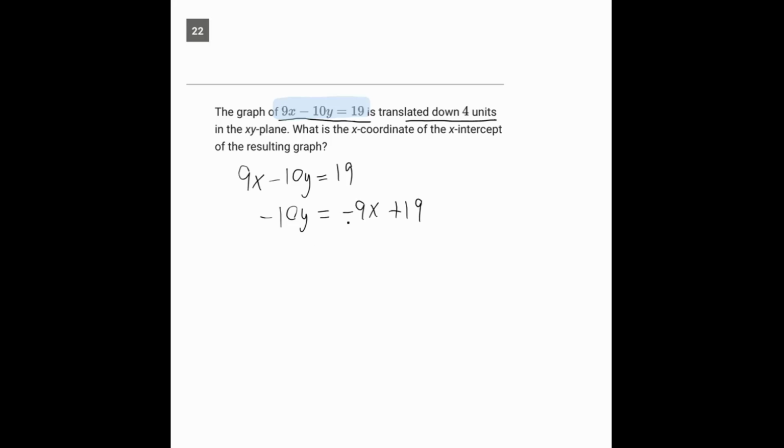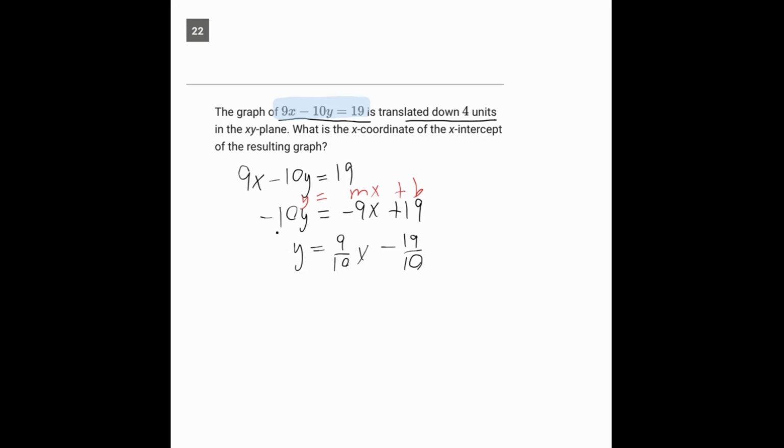Now, I wrote the x before the 19, and that's because we're thinking in our minds that we need to have this looking like y equals mx plus b. So negative 9x plus 19 is so much better than 19 minus 9x. Now we can divide by negative 10 on both sides, and we'll have y equals positive 9 over 10x minus 19 over 10.